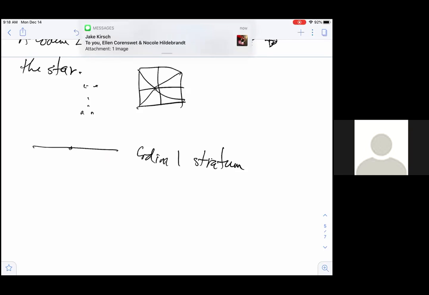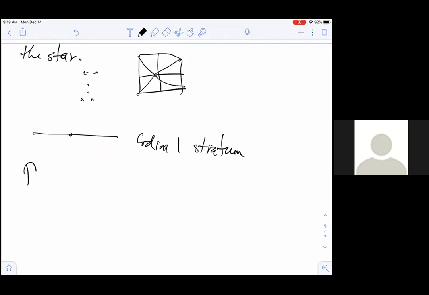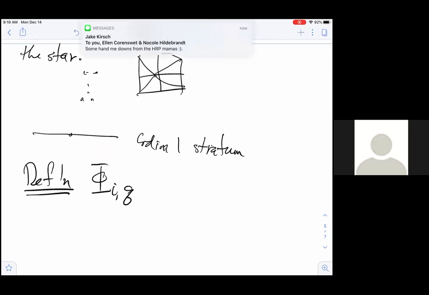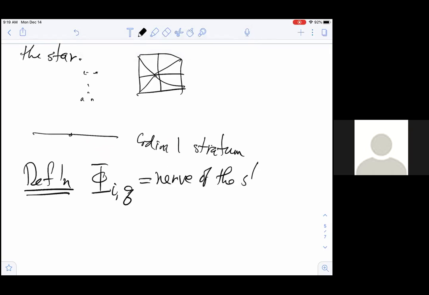Okay. But what we're interested in is this space. This is the crucial space we have to study. Phi I Q. It's the nerve of the stratification of F I Q. So these Morse functions with Q critical points of index I, Q critical points of index I plus 1, no births or deaths, just Morse functions.